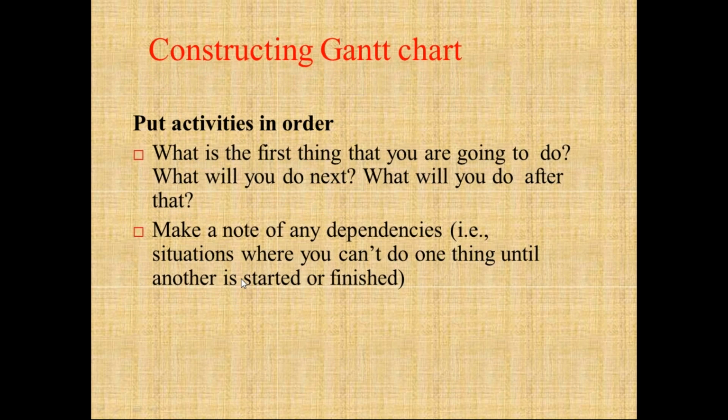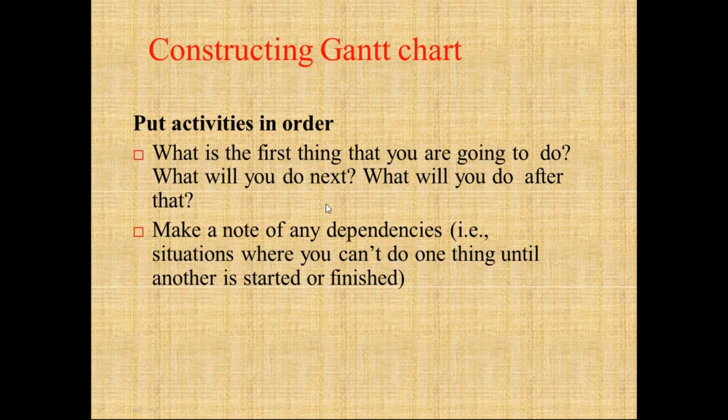So the next step for constructing the Gantt chart is to put all the activities in order. What is the first thing that you are going to do? This we have to define. What will you be doing next? What will you be doing after that? Make a note of all the dependencies, that is, the situations where you can't do one thing until another thing is started or finished.